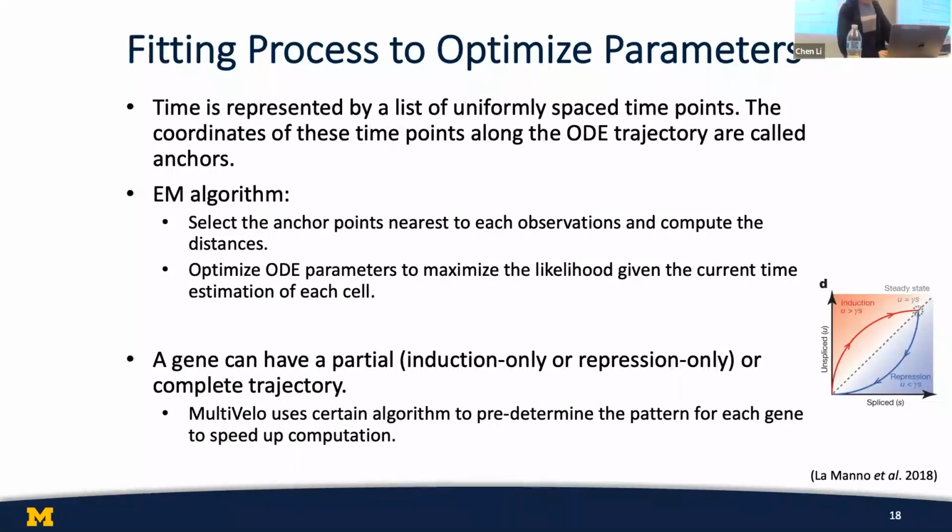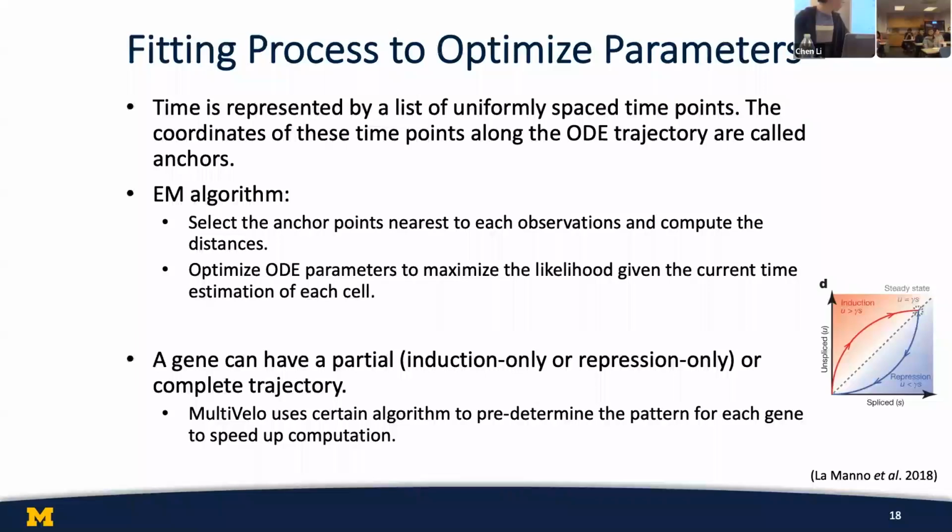So for the expectation step, first the time is assigned to each observation based on the current best ODE parameters, and in the maximization step, the ODE parameters are again optimized based on the given time assignments to each cell.